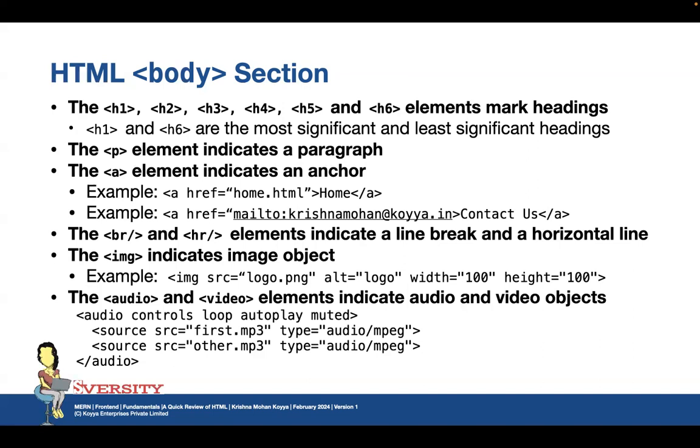And H6 is the heading that appears in the smallest font possible as a heading. So for the main heading you'll be using H1, then you will use H2 for a subheading, and for a subsection you'll be using H3, and so on. So H1 is for the most significant headings and H6 is for the least significant headings.